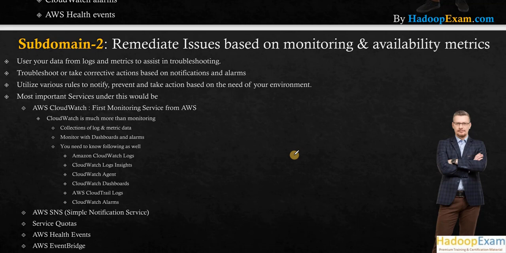So use your data from logs and metrics to assist in troubleshooting. As a developer or SysOps, you should know what to look for in the log, and whether the log is giving you any hint of the problem, correct? Based on that you need to take corrective actions and send a notification or alarms.